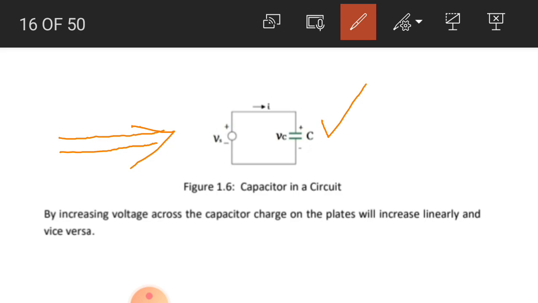If the magnitude of the voltage is constant with respect to time, then the current in the circuit is constant with respect to time. And if the magnitude of the applied voltage varies with time, then the magnitude of the current varies with time as well.